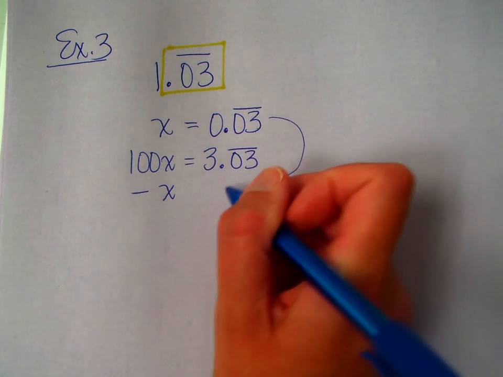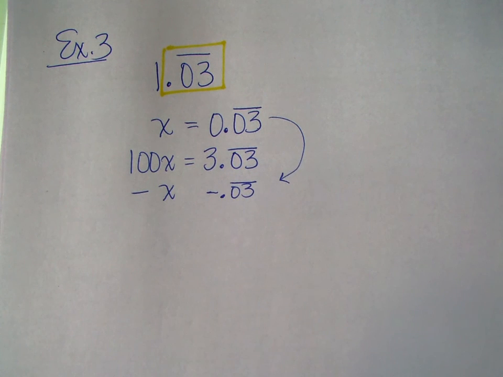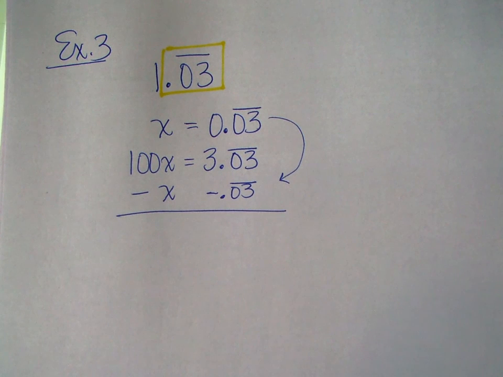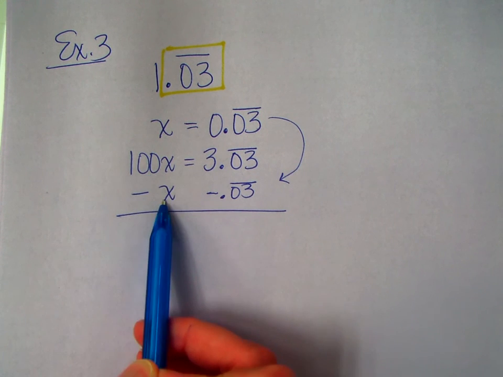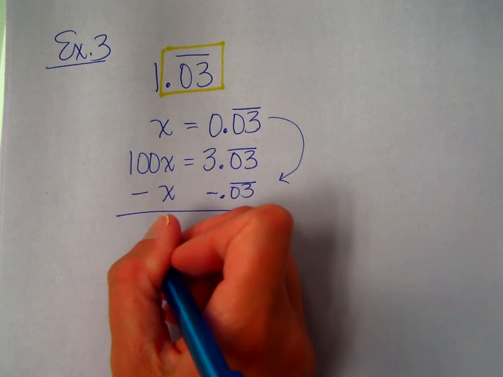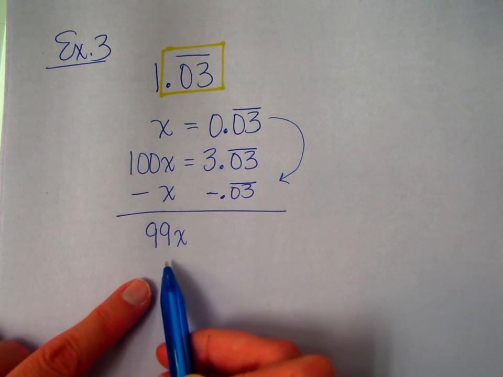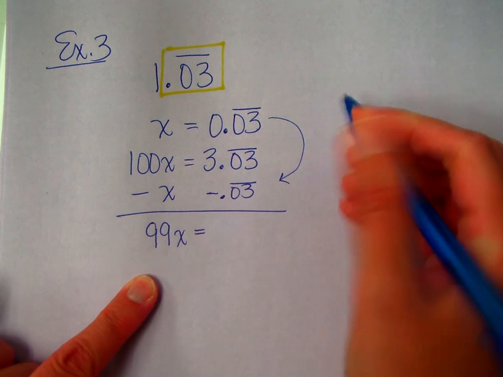Subtracting x from both sides, that's really a 1x, so 100x minus 1x, 99x. Are you guys noticing how we always have some 9s down here after we subtract? If I subtract away the repeating part, I'm left with 3.